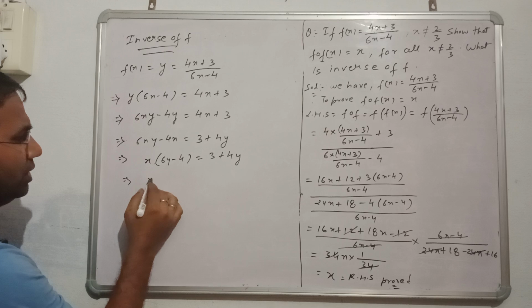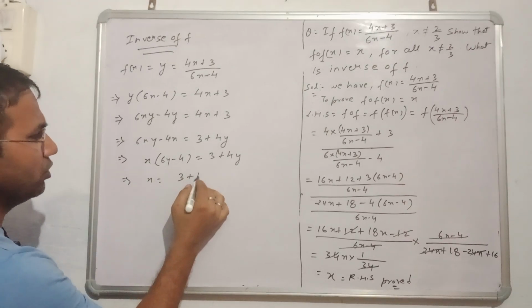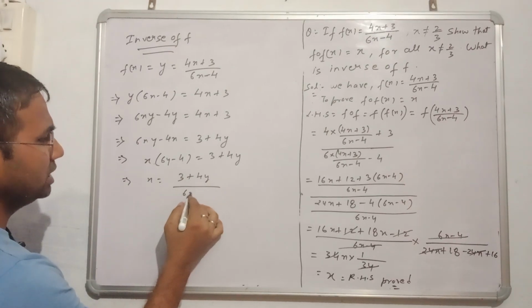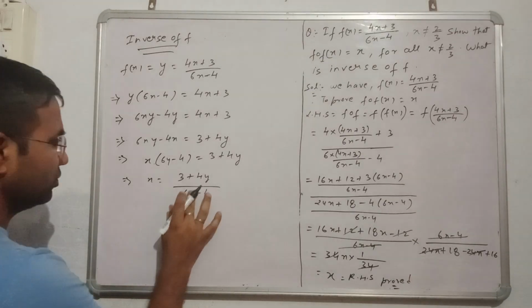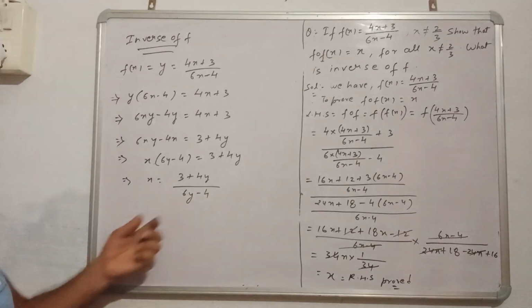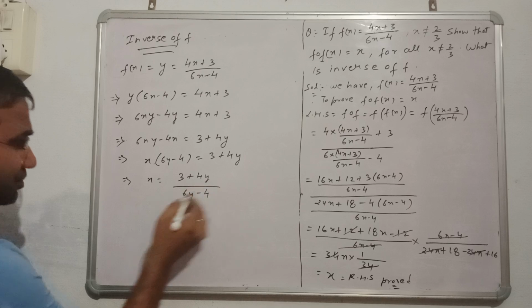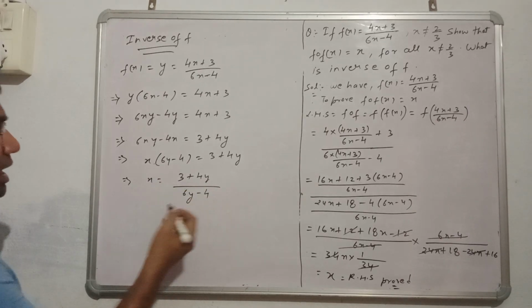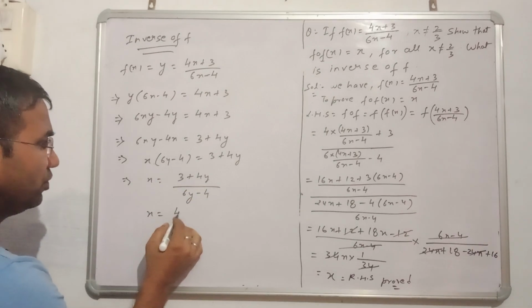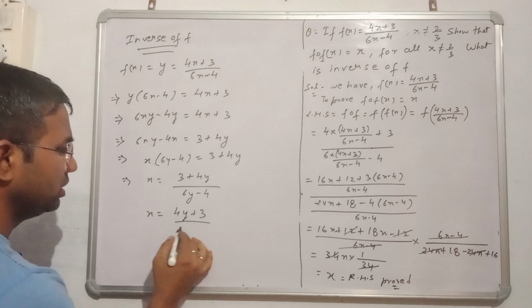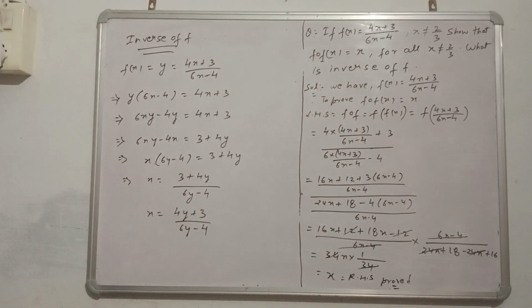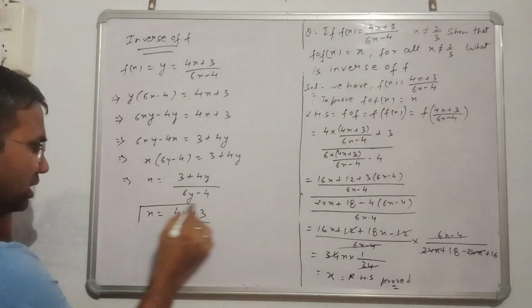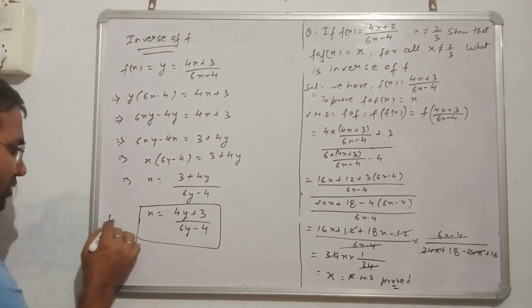Now x will be 3 plus 4y upon 6y minus 4 is coming. Sorry, 6y is there. You can write this also as 4y plus 3 upon 6y minus 4. So in this way you can write. So this is the inverse of f.